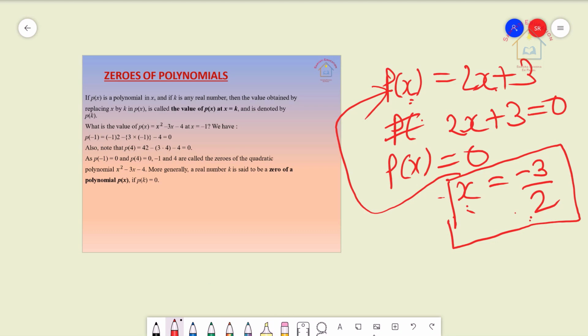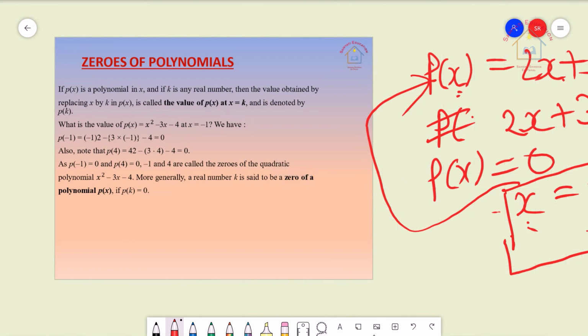Now let's concentrate on this theoretical statement: if p(x) is a polynomial in x and if k is any real number, then the value obtained by replacing x by k in p(x) is called the value of p(x) at x is equal to k and is denoted by p(k).